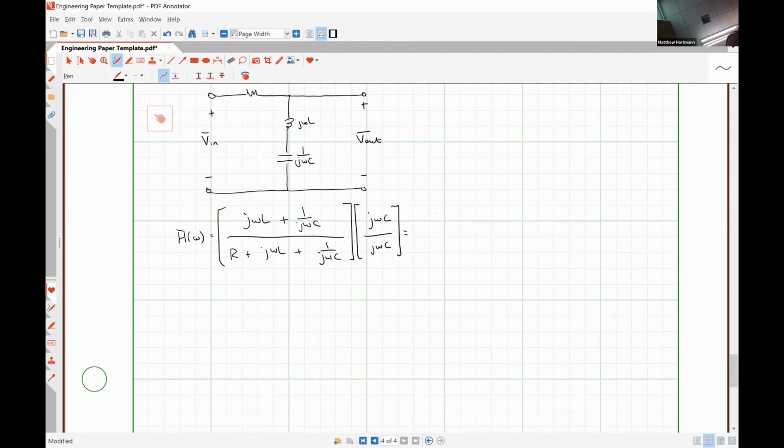So this is going to look like 1 minus omega squared LC in our numerator. And then we're going to have 1 minus omega squared LC plus j omega RC in our denominator. So it looks vaguely familiar here.